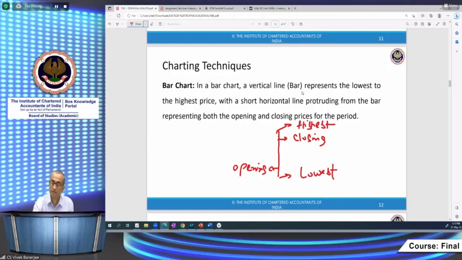Let us take an example that the share of ABC company opened at 100. Okay. And it reached the highest at 110 during the day. However, because of selling, it closed down at 105. And it reached the lowest at 102 during the day.